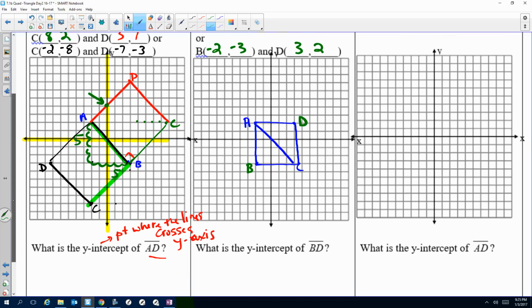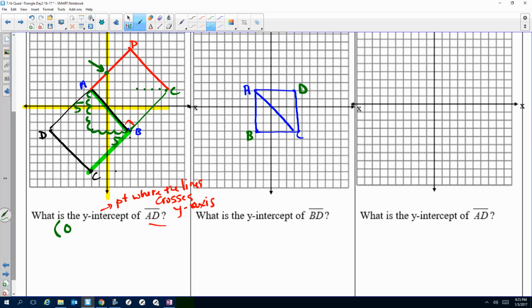So I'm just going to scroll this up just a little bit. So if I was to write out just what the y-intercept is, because in your equation y equals mx plus b, your y-intercept is always the b part, which is the y coordinate. So our y-intercept here is 4. Okay, the y-intercept here is 4.